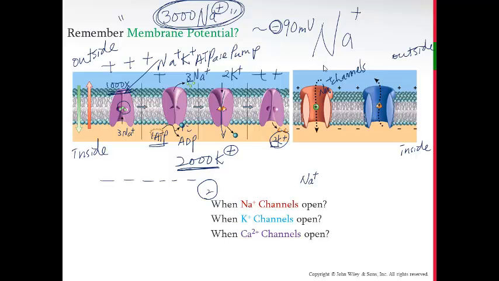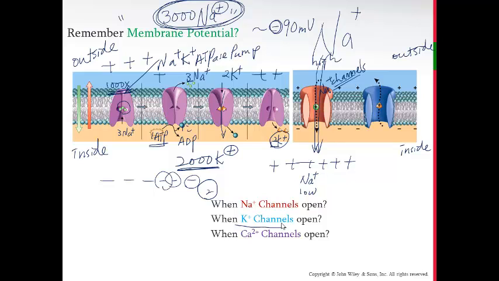So when the channels open, it's going to go down its concentration gradient from high to low. So as a result, when you have sodium channels open, all the sodium rushes back into the cell. And what happens to the membrane potential then? Right? It was negative before, but now because all the sodium ions are coming back, you'll see a lot more positive charges over here. Okay, so that's one concept I want to remind you.